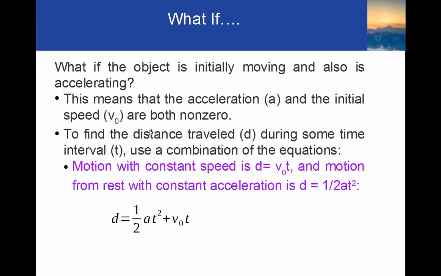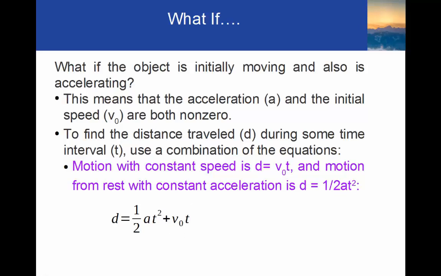And so in order to figure out how far the bullet travels in a given amount of time, we combine the equation for distance traveled versus time with constant speed, and we combine that with the distance versus time for constant acceleration that started at rest, in other words, starting with 0 speed. And so that combination gives you that the distance is 1/2 of the acceleration times the time squared plus the initial speed times the time.